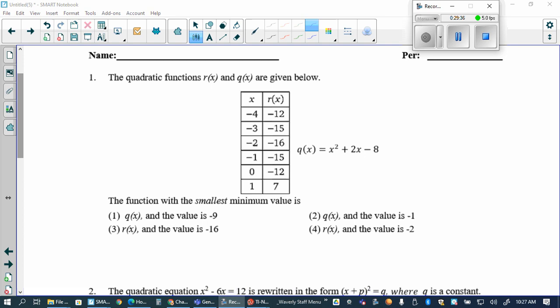Hey, what's the vertex of the quadratic they gave us in the table? How do you know it's -2, -16? You just randomly pick those? Look on both sides of the 16, right? And then -12, right? I bet the 7 would be up there, right? So what's the minimum value?